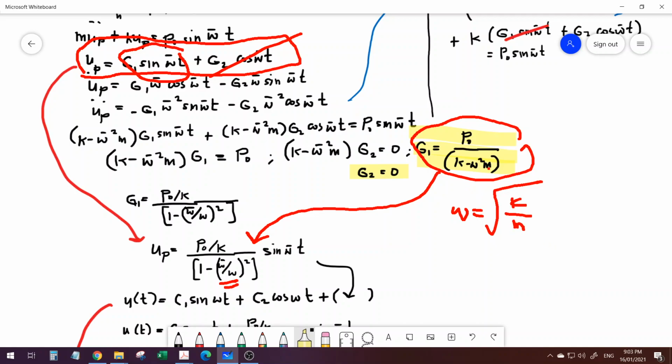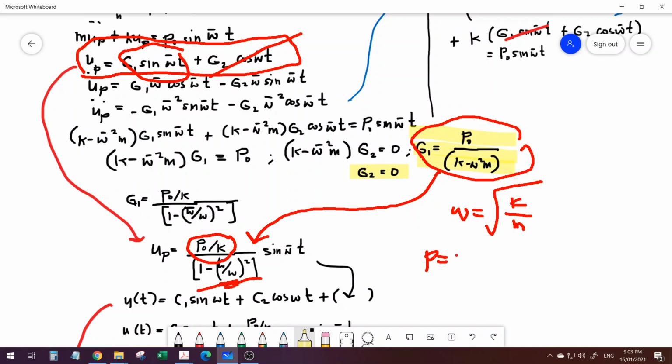So, that's just a simplification, and the equation became like this. Okay? What do you notice? What we have here is P naught over K. Remember in the first video, as I explained, what is the general formula of the stiffness method?